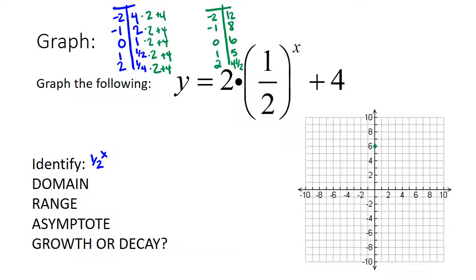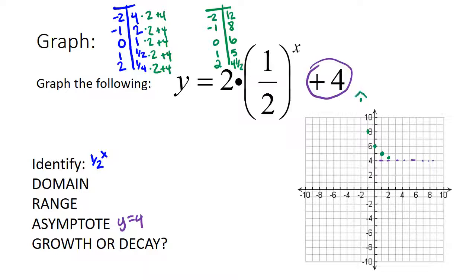Start with the easy values first. It'll kind of give you an idea of where that graph should be going. 5 and 4.5. I can tell by my vertical shift, which will become my asymptote, that y equals 4. Therefore, I'm not going to touch that value of 4.